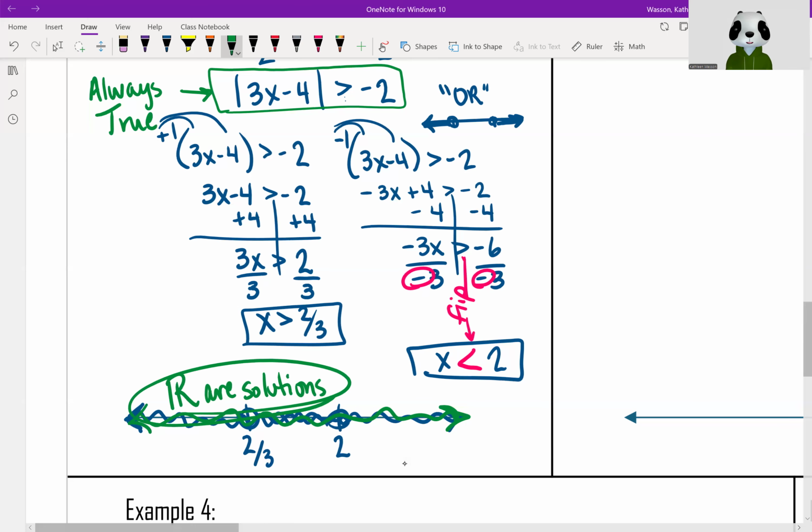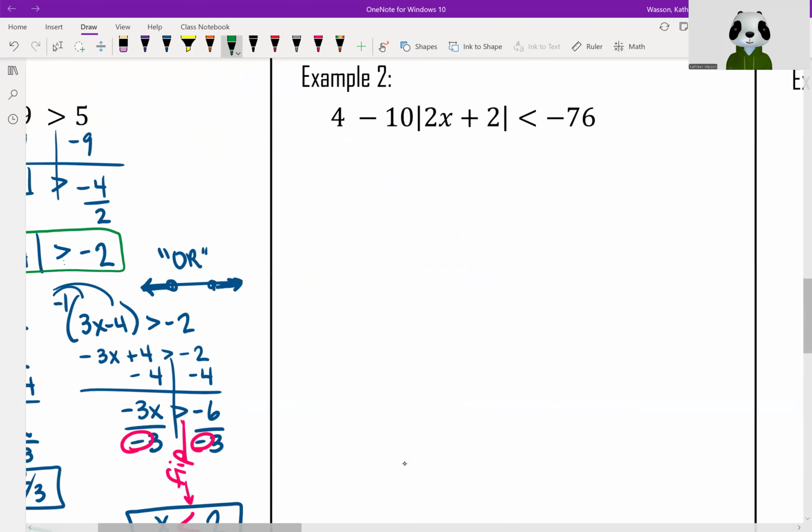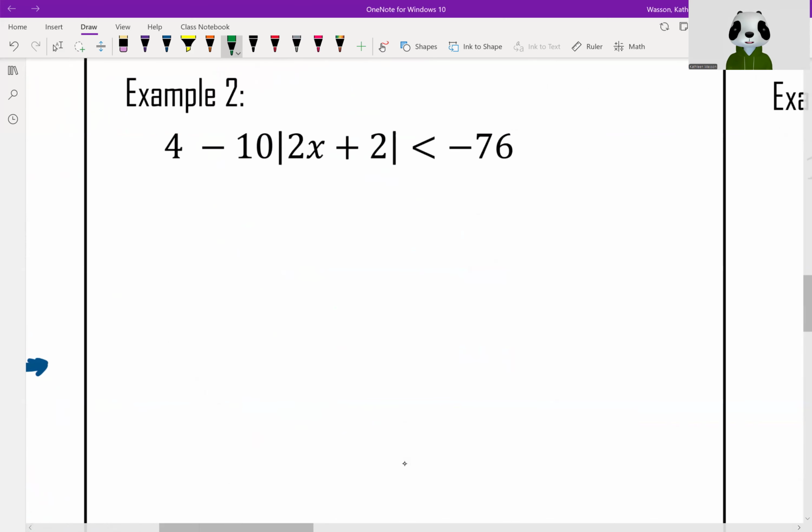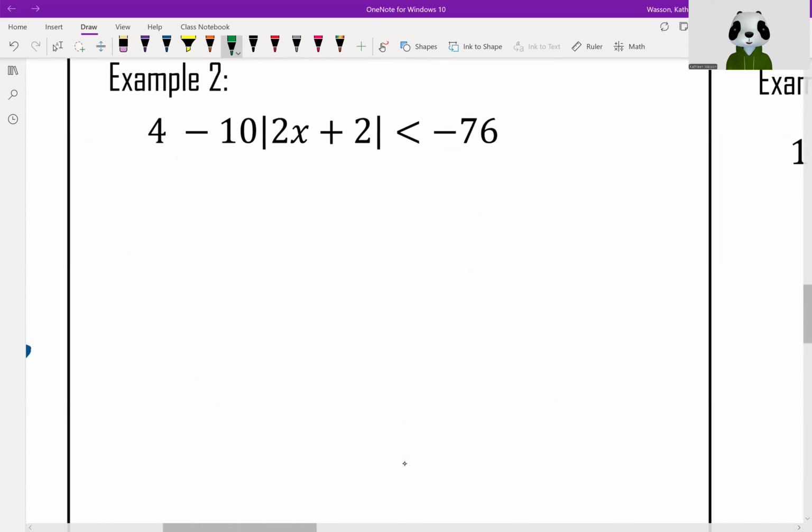Here's another OR problem right beside. Again, I need to isolate the part that is absolute value. I can't distribute into here. I can't take anything out of it. I need this to be isolated. So only absolute value 2x plus 2, and then an inequality symbol, and then a number on this side.